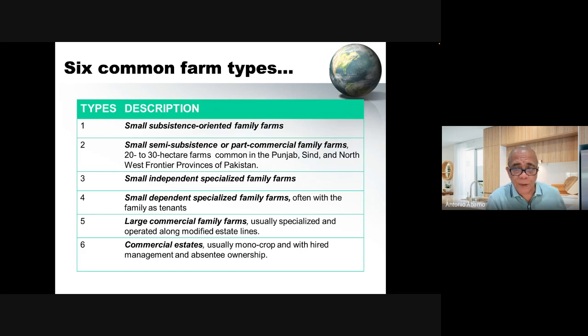For small dependent specialized family farms, the legal personality is not attached to the household cultivating or to the tenant, but to the legal owner. That is somehow the personality of the farm.